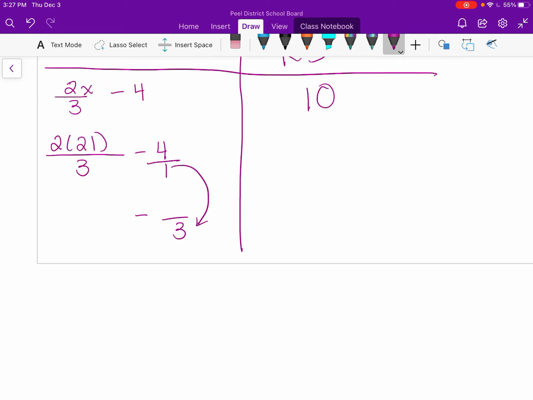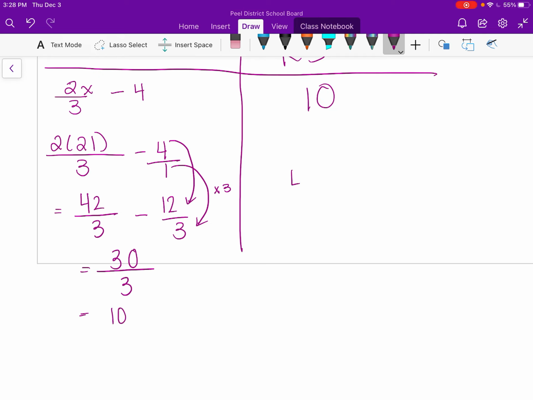I changed by multiplying by 3, so whatever I do to the top, I got to do to the bottom. So 4 times 3 is 12, right? And I'm just going to do 21 times 2, which is equal to 42 over 3. So I'm going to do 42 minus 12, which is going to give me 30 divided by 3, and that's going to give me 10.